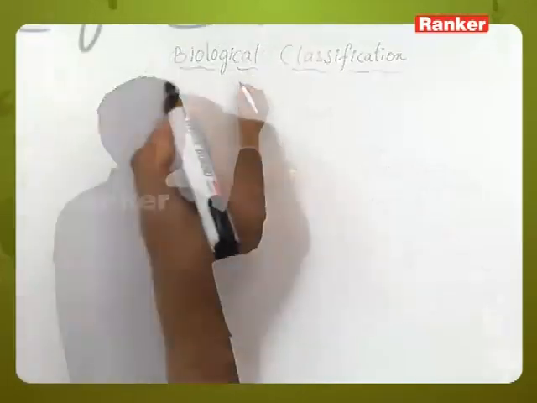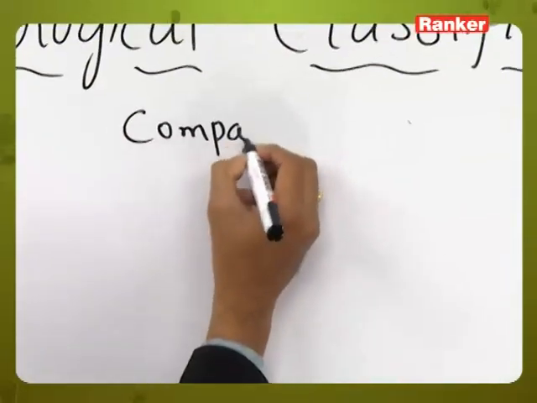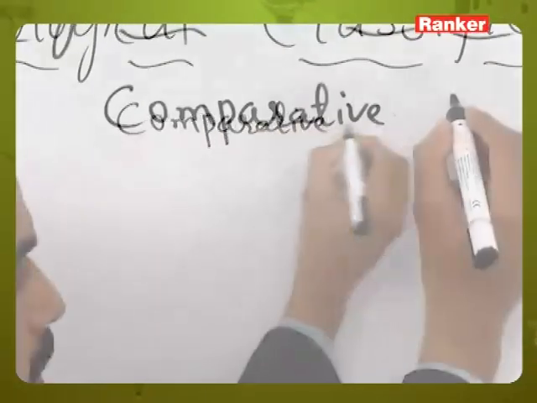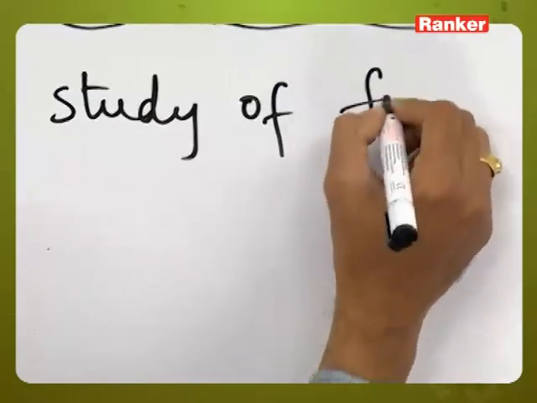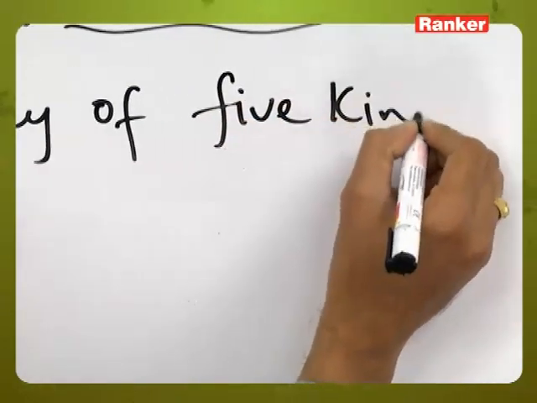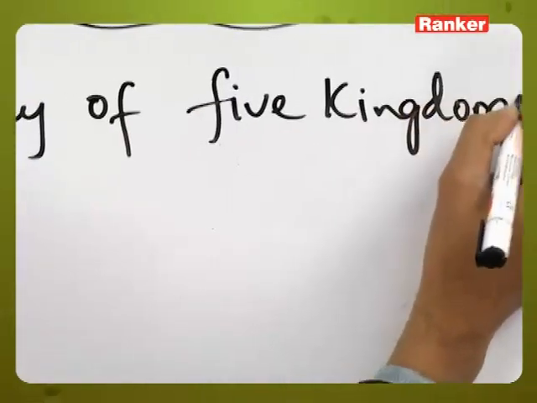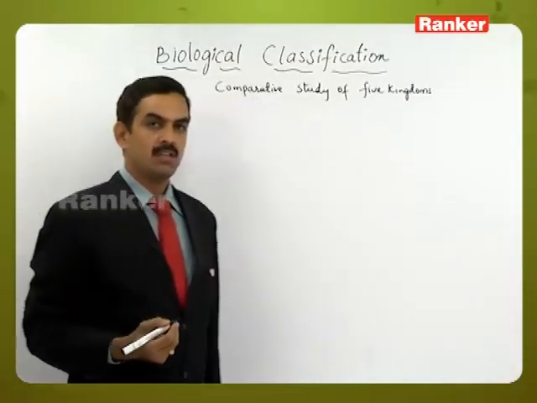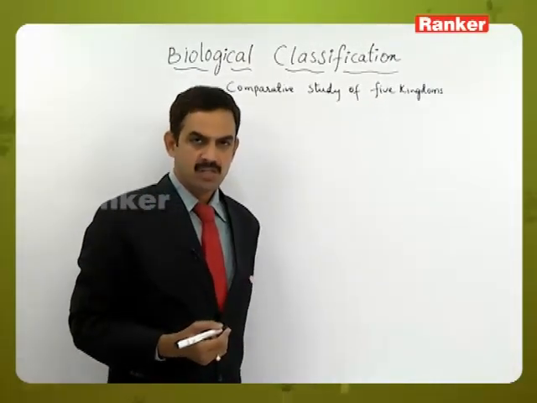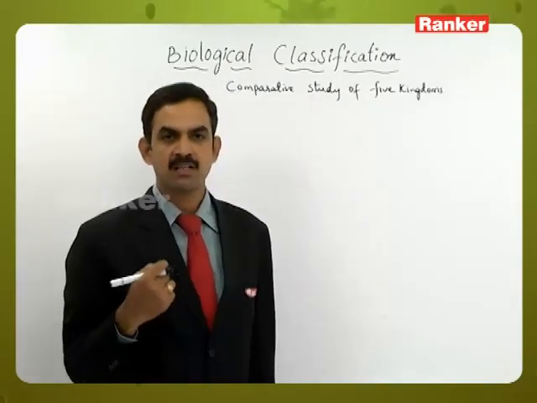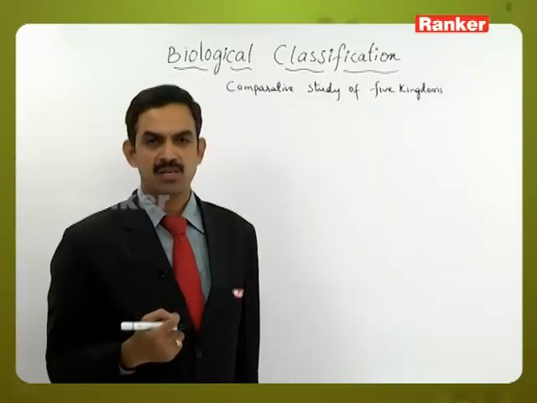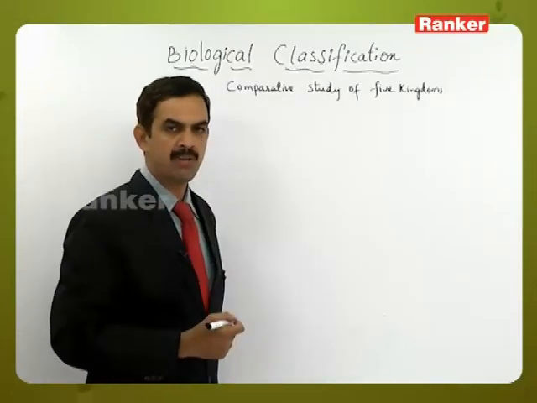Let us see the comparative study of the 5 kingdoms that have been given by Whittaker. Let us take some characteristic features and see how these 5 kingdoms are differentiated or deviating from a particular character, in the form of a table.